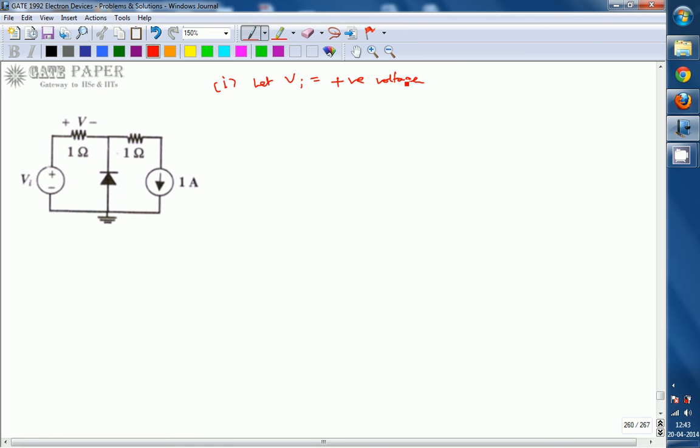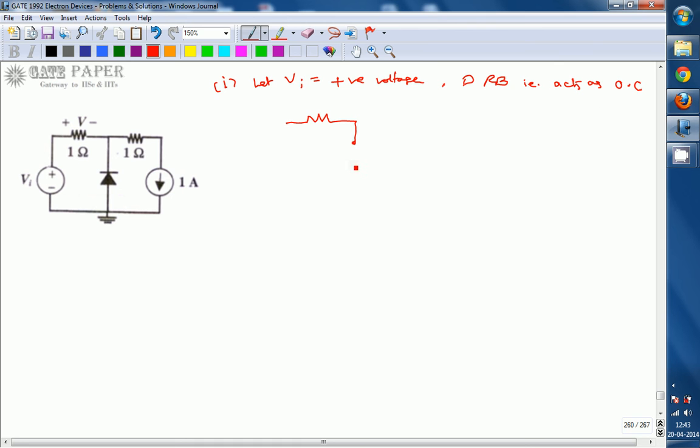Then the plus and minus are as they are. Since you are applying a positive voltage at the diode's N terminal, the diode is under reverse bias, and it acts as an open circuit.